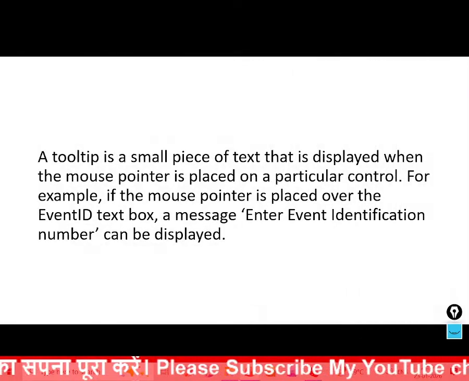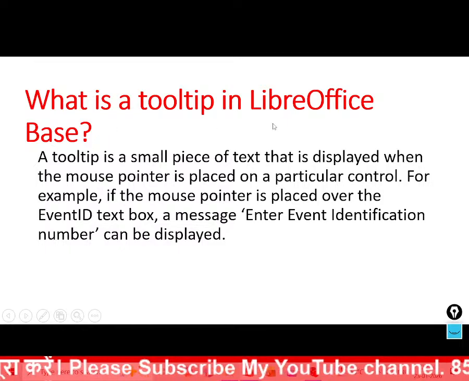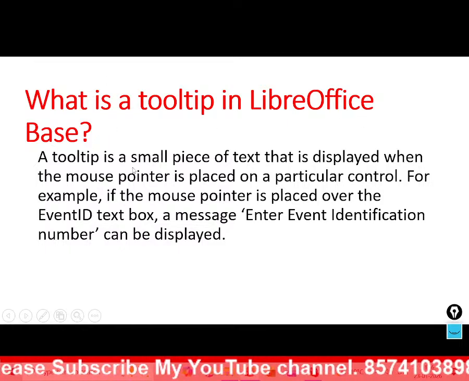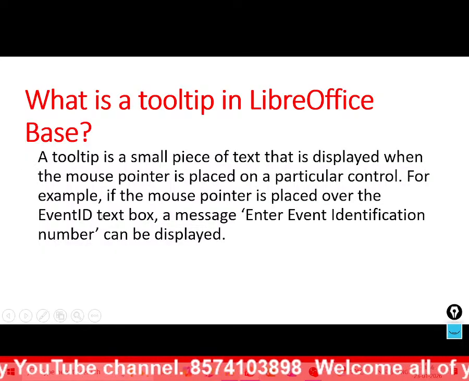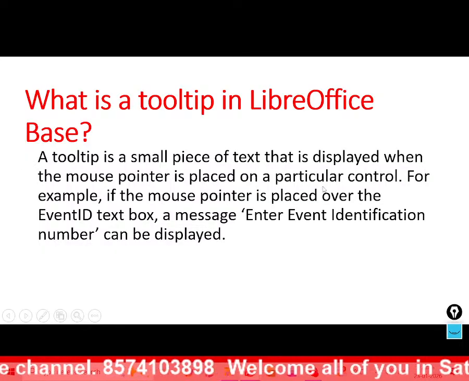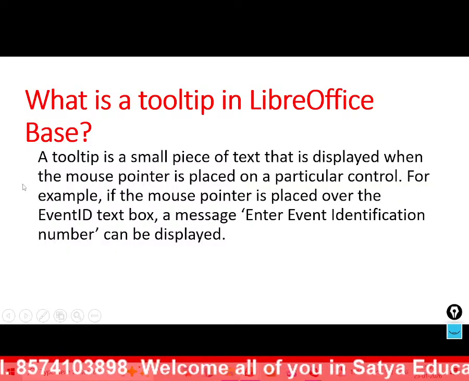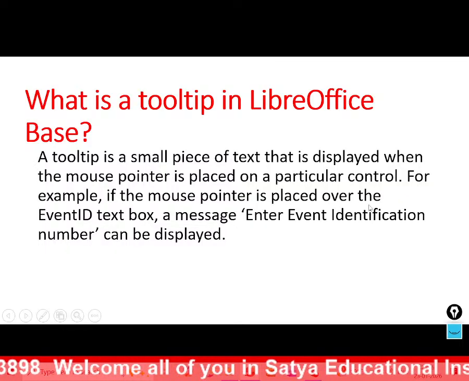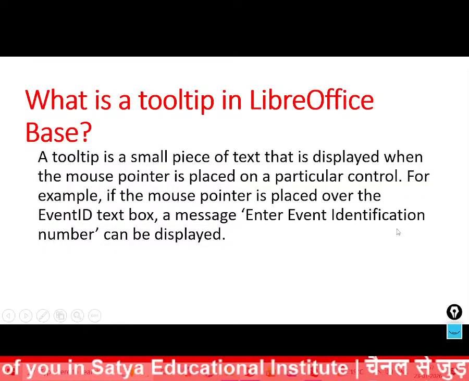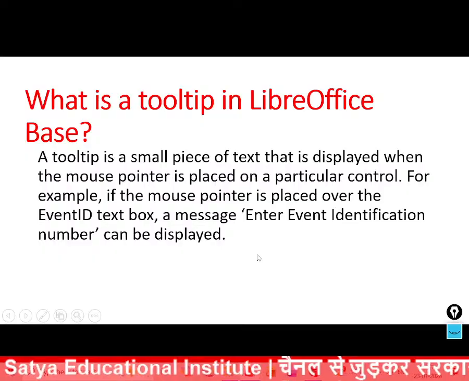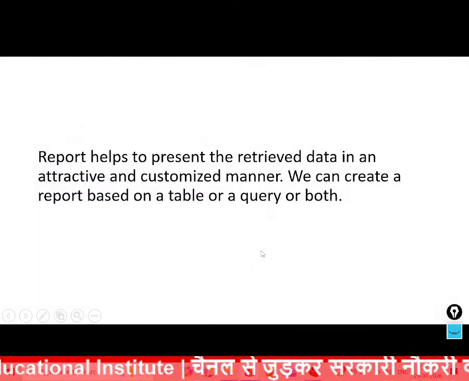Next question is: what is a tooltip in LibreOffice Base? A tooltip is a small piece of text that is displayed when the mouse pointer is placed on a particular control. For example, if the mouse pointer is placed over the event ID text box, a message such as 'Enter event identification number' can be displayed.